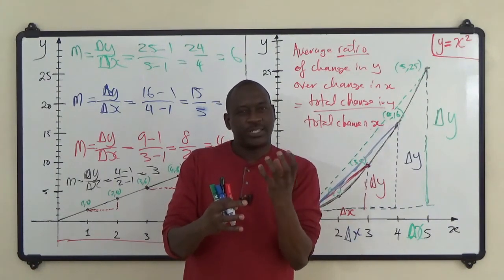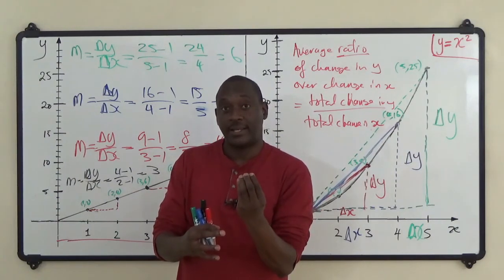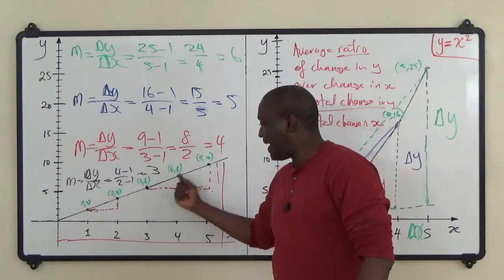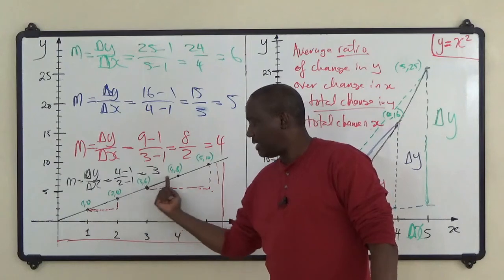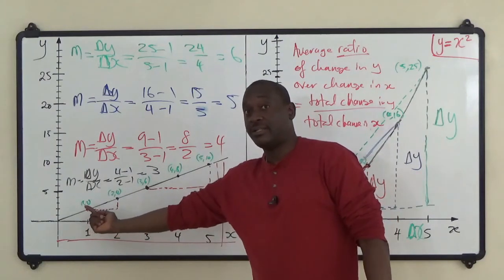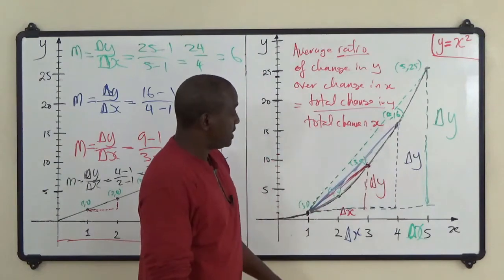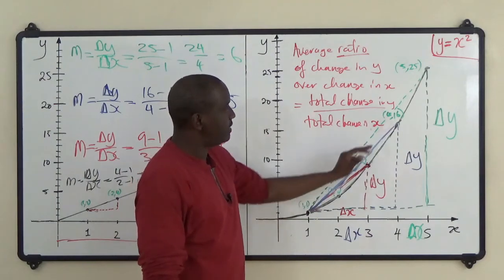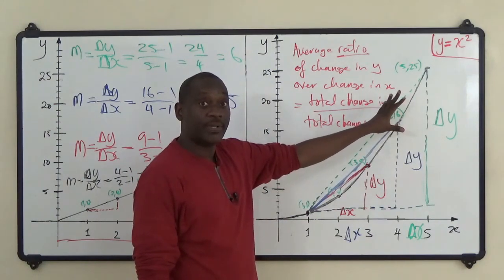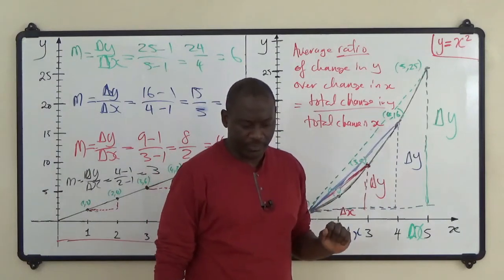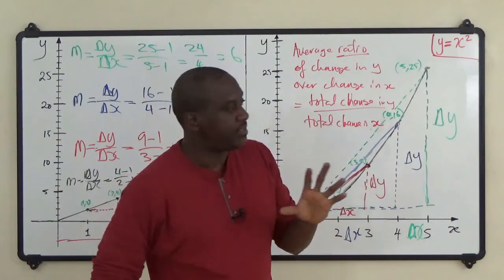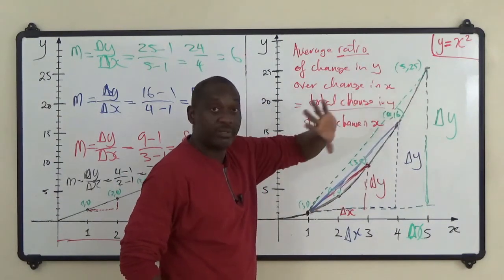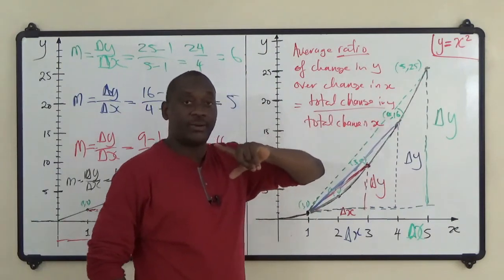And of course, what that suggests is that, unlike the case of the straight line, where the gradient at any singular point is the same regardless of where the point may be on the straight line, what it suggests is that the gradient at any singular point on this curve will be different. So in other words, I have to be very careful with my language here now.